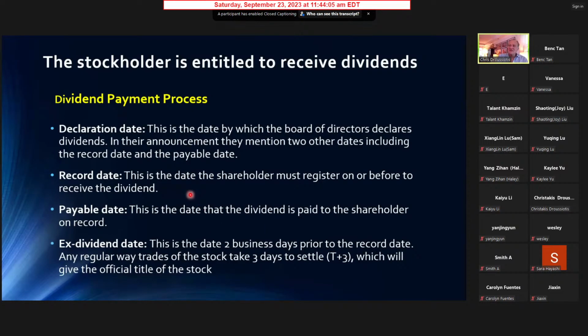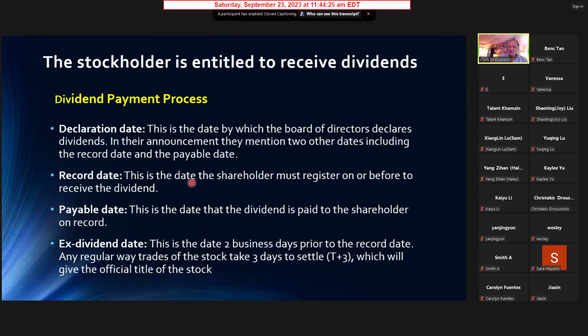But if you get paid dividends, there are many dates you have to deal with. There's the day that you actually get a payment, and the day that the company announces a dividend. Depending on when you buy the stock, you can be entitled to the dividend, or you cannot.